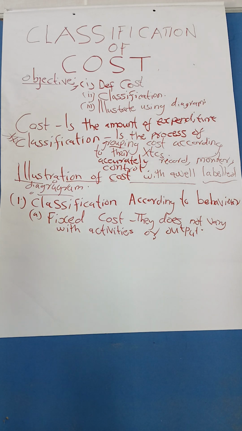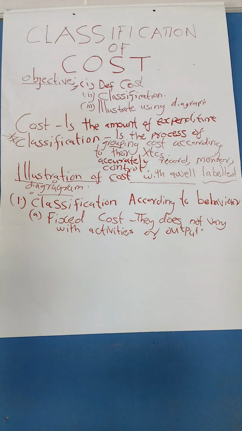A relevant range we just mean the relationship between the cost and the activity it holds, under a certain period of time. It is just fixed. Take, for example, the building you are using in the business. There is a cost you pay on a monthly basis. We have agreed with the management of that building that I'm going to pay 10,000 Kenyan shillings.